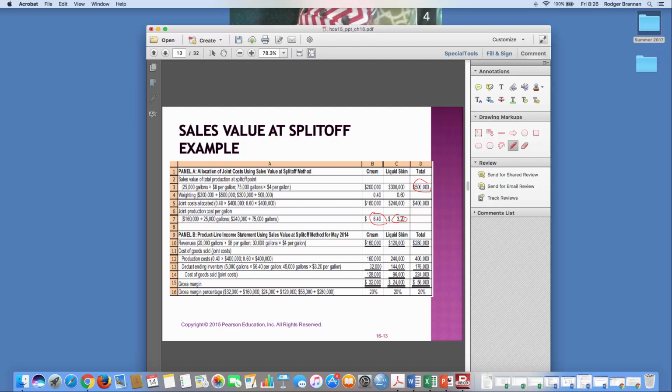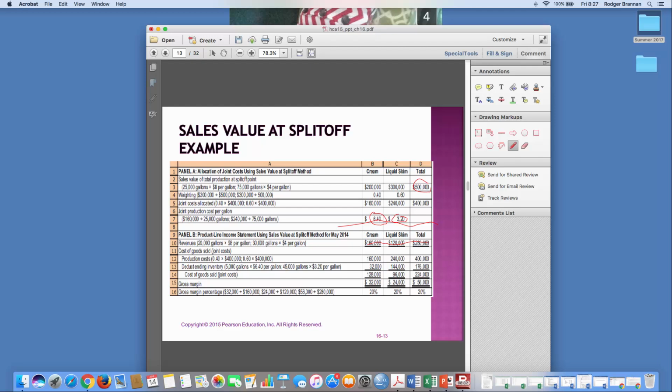Now, panel A and panel B are two separate calculations. A is the allocation of cost. B is basically creating the income statement. Again, pull down, now sales are going to be different than production. Costs are always going to be allocated based on total production.